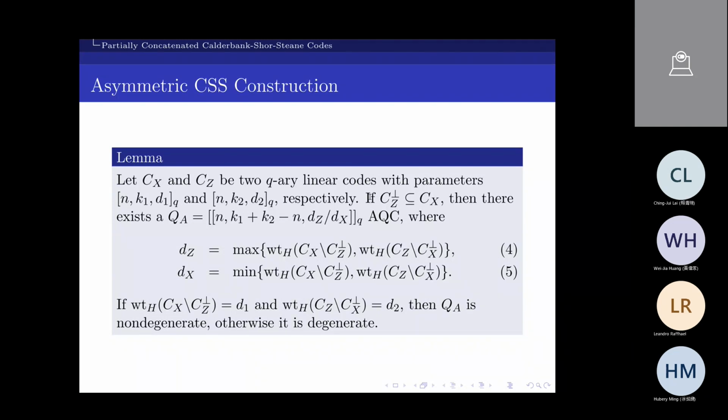So we need two classical linear codes, for example, CX and CZ. CX is used to correct X errors, and CZ is used to correct Z errors. And the distances of CX, CZ, and the quantum code are given by these two equations.